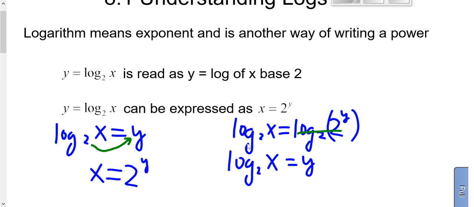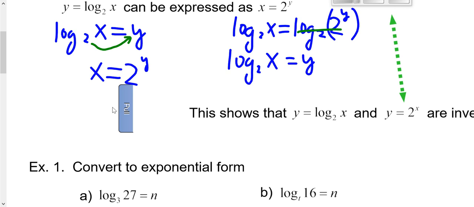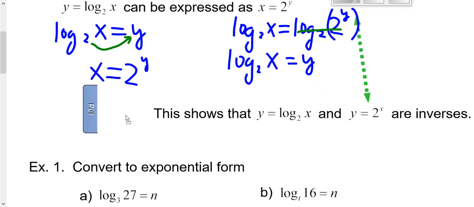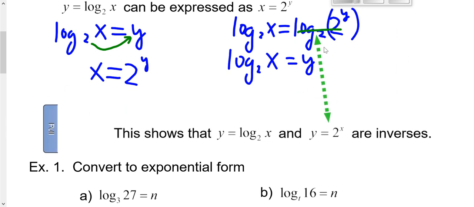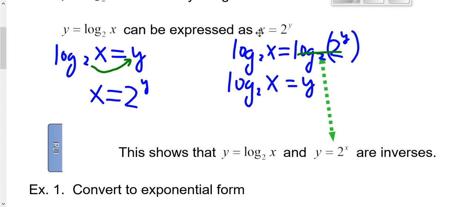You can ignore this arrow. So what happens is if you swap these two, remember the inverses from the transformation unit. It is something other than the 6 transformations. This is the inverse. You have a mirror image reflected on the y equals x line, like this.